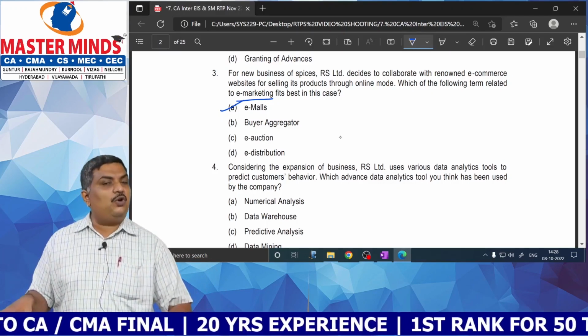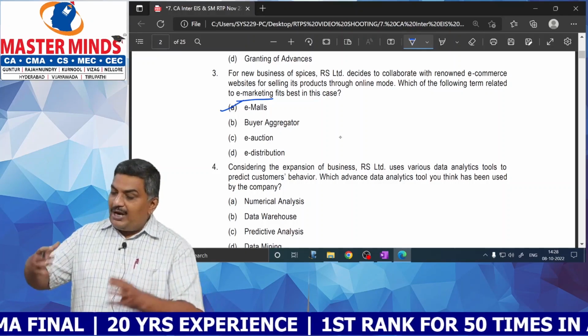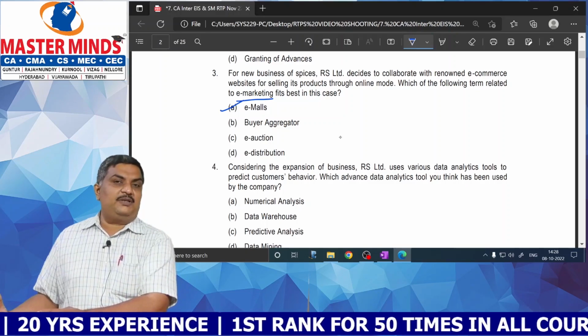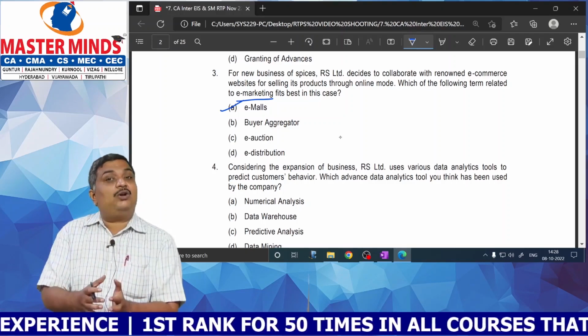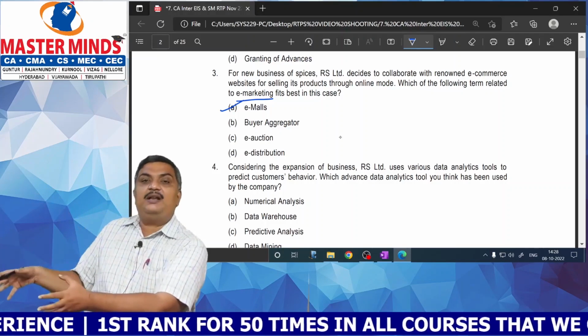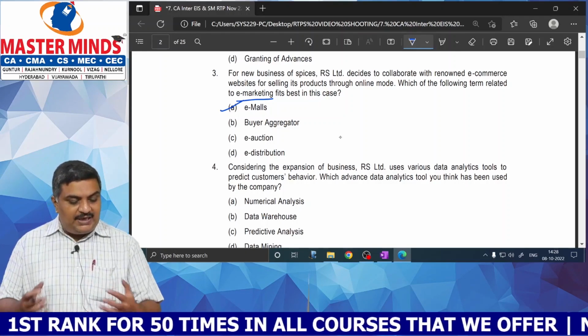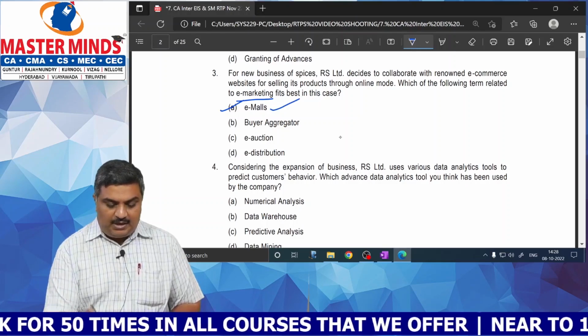So that is also not involved here. So what is involved? RS Limited entered into collaboration with some other website developers, e-commerce developers and e-commerce vendors, and the catalogs of RS Limited are being displayed in the websites of those e-commerce people. So it is a kind of e-mall arrangement. So the answer is e-malls.